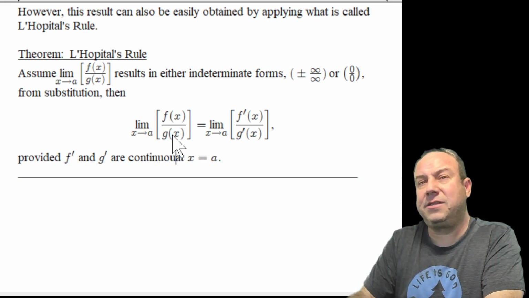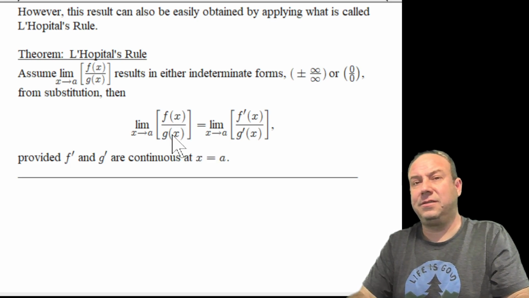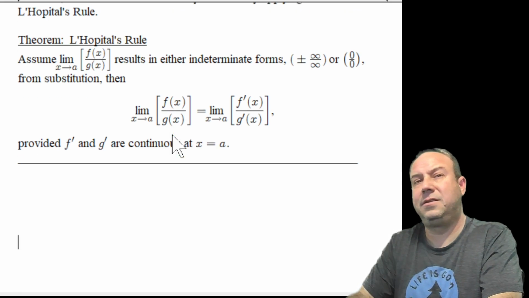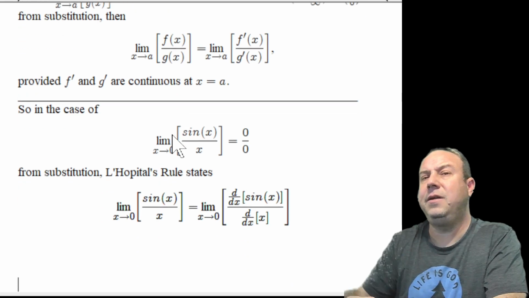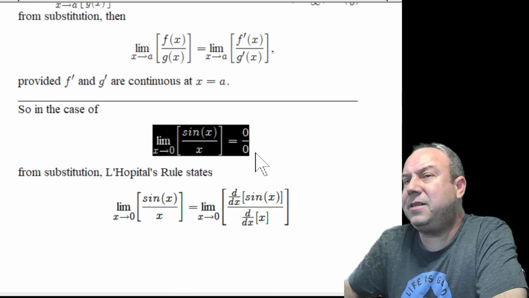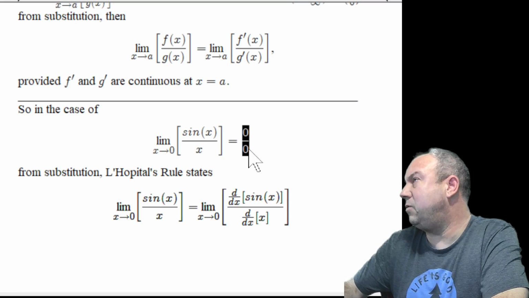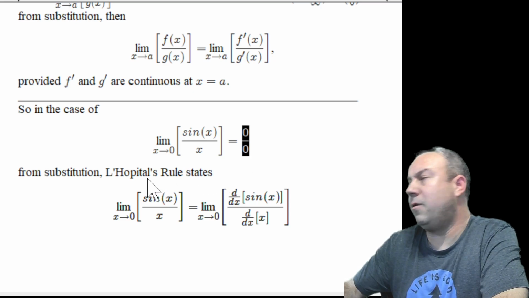If we go back and consider that case that we proved using squeeze theorem earlier, in that case, through substitution, it does produce the indeterminate form 0 over 0.